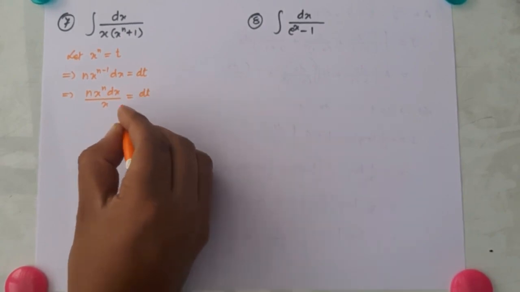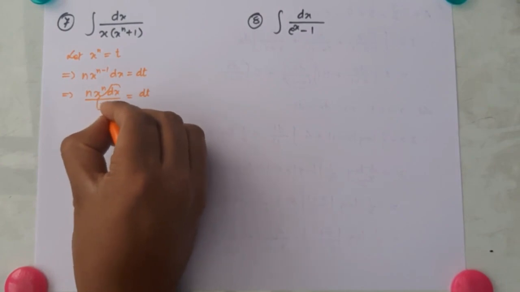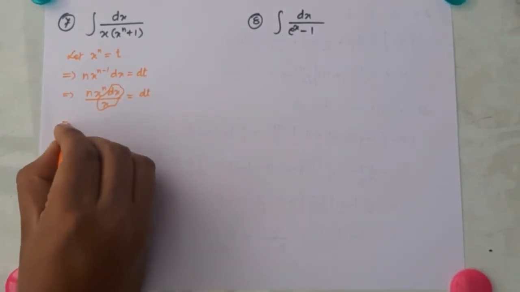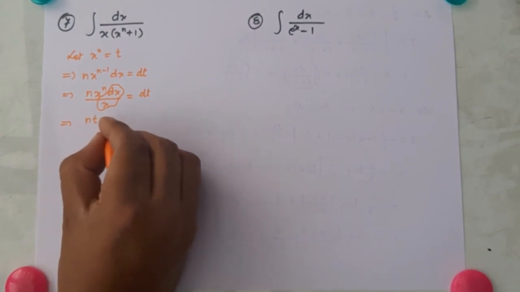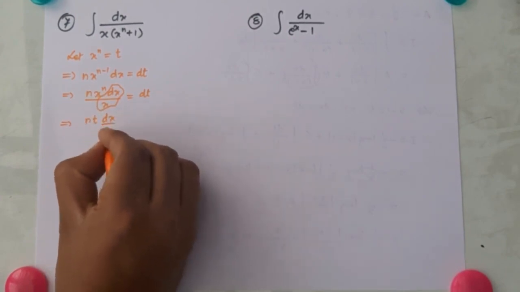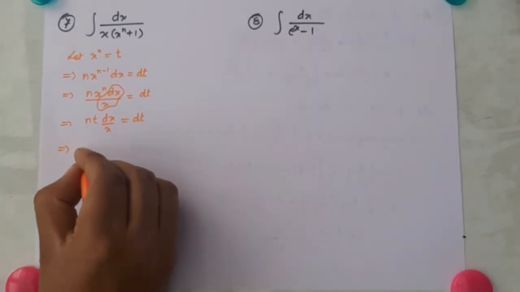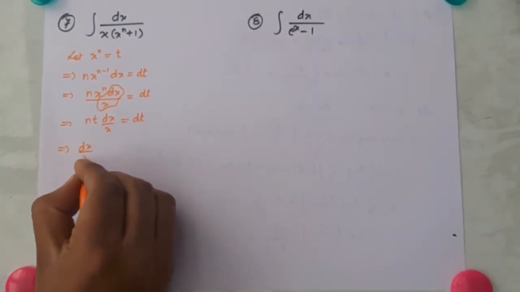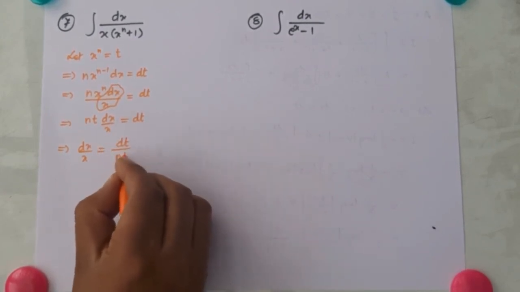So this becomes dt. Now you know I need the value of dx by x, and we have dx by x here, isn't it? So you know that x to the power n is t. So can I write this as nt dx by x? Yes. So we get this equals dt. So from here, what is dx by x? dx by x turns out to be dt by nt.